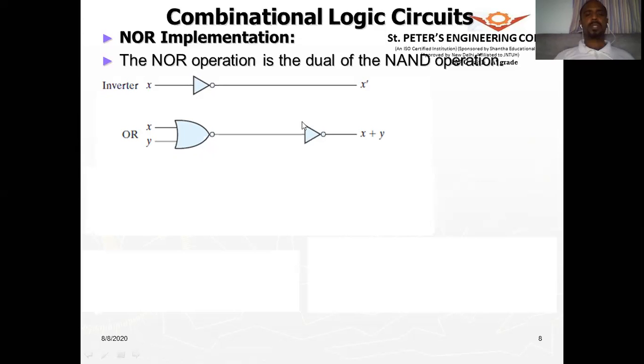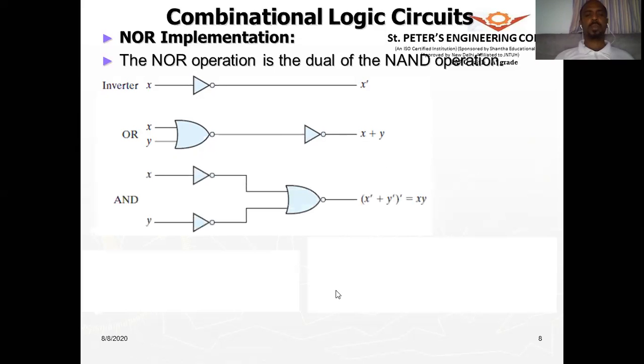So how do you do that? You take the two input NOR gate, short the two inputs, and you give the output of this previous NOR gate to the second NOR gate, and you get the output, which is the OR function.